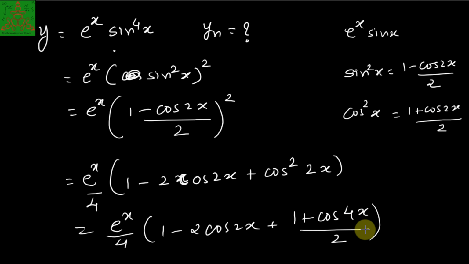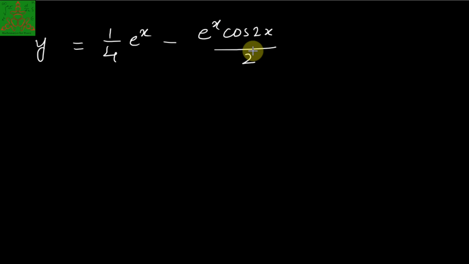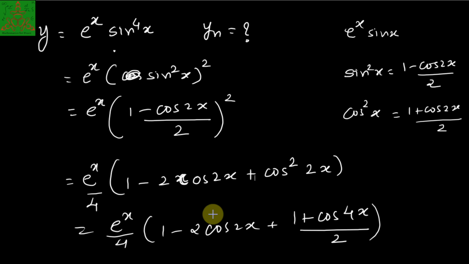And if you further simplify this, we will have 1 by 4 e power x. This is your y. Then it is minus e power x cos 2x upon 2, because 2 will be cancelled.